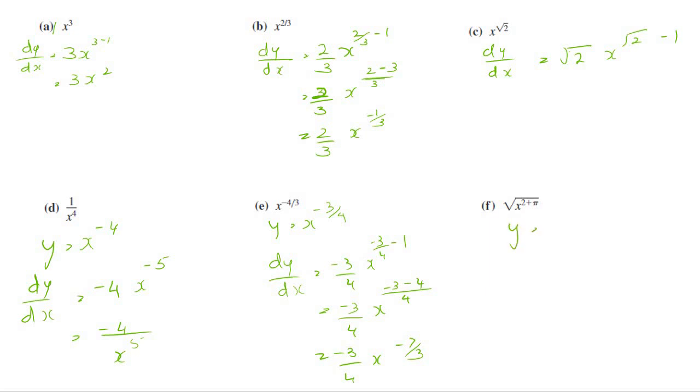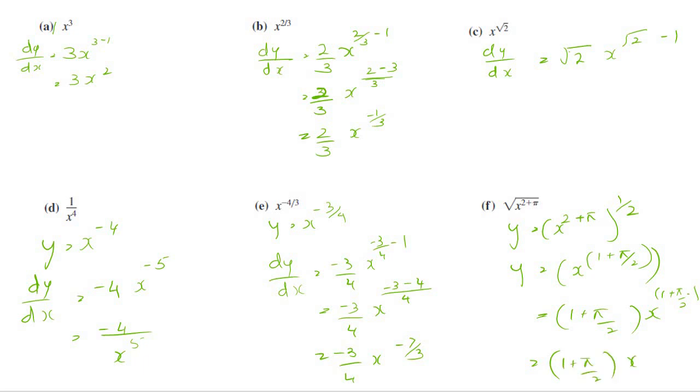If y is equal to x to the power 1 plus pi over 2, then dy over dx is 1 plus pi over 2 times x to the power 1 plus pi over 2 minus 1, so we get 1 plus pi over 2 x to the power pi over 2.